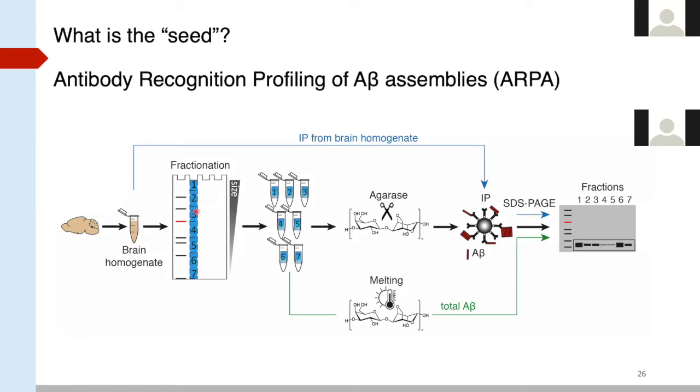Then these different fractions are collected, using enzymatic digestion to liberate the A beta assemblies and make them accessible to further analyses, such as immunoprecipitation with amyloid beta targeting antibodies. You can also use these fractions and have a look at the total A beta in them, so you're not relying on A beta targeting antibodies, which we also did.